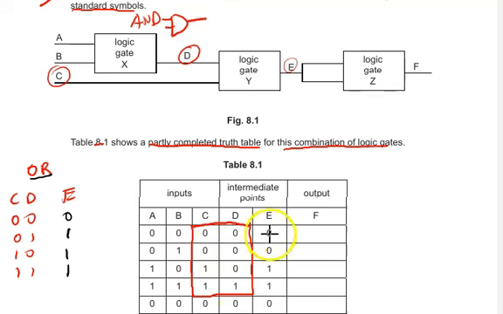And if you look at the E side, there's no 1. So the most possible answer is that the logic gate for Y is an OR gate, which is this.